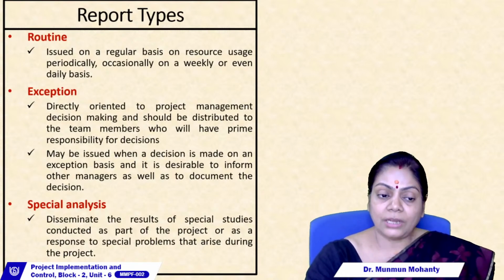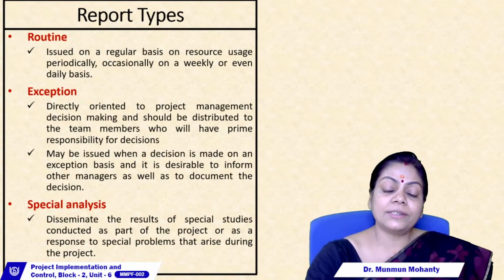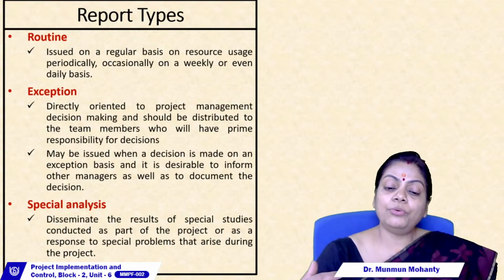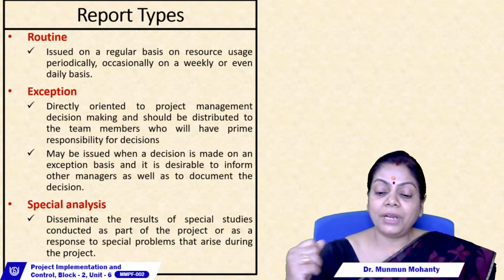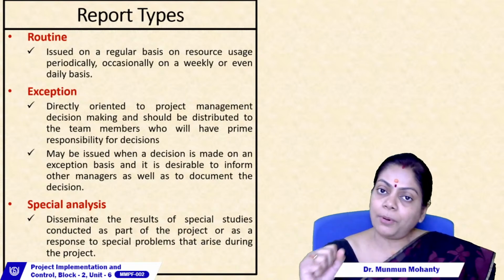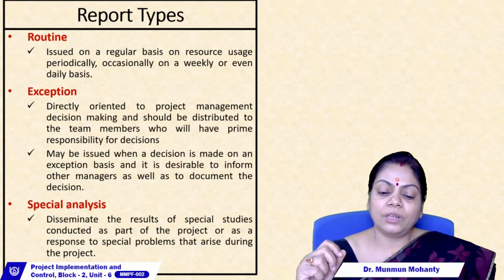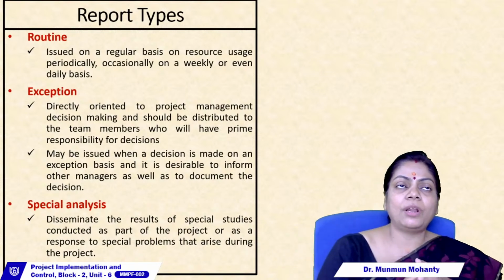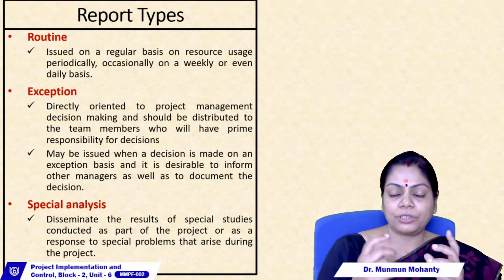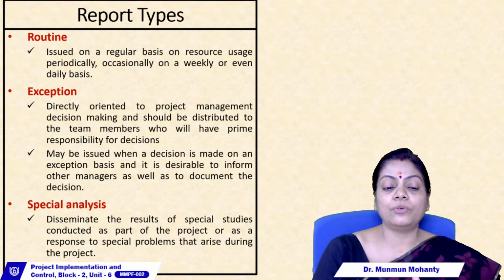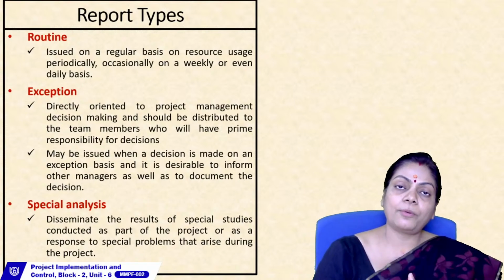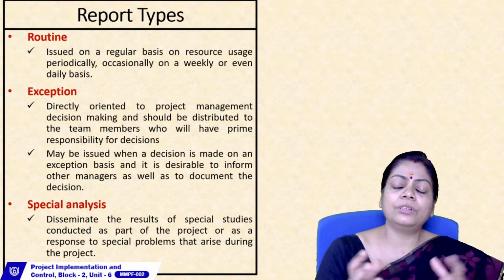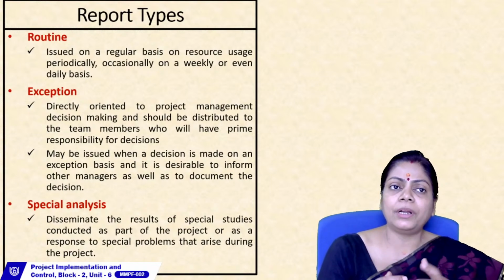The next kind of report is a special analysis report, used when you want to, for example, disseminate the results of a particular study. For example, a specific and typical problem arose, so you studied that particular problem. This is peculiar to software development.